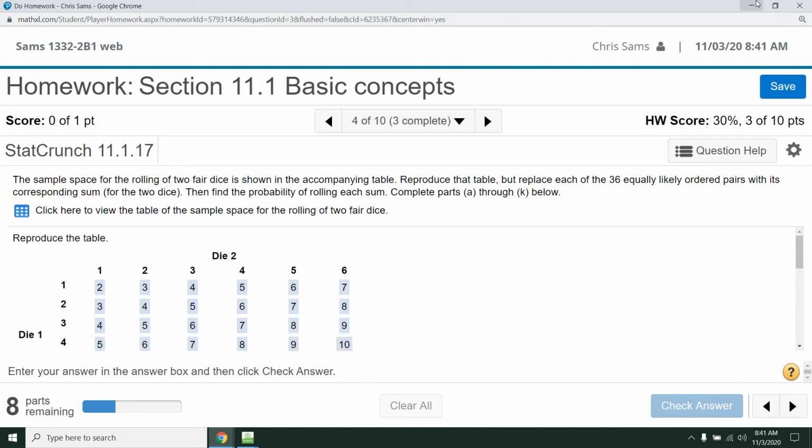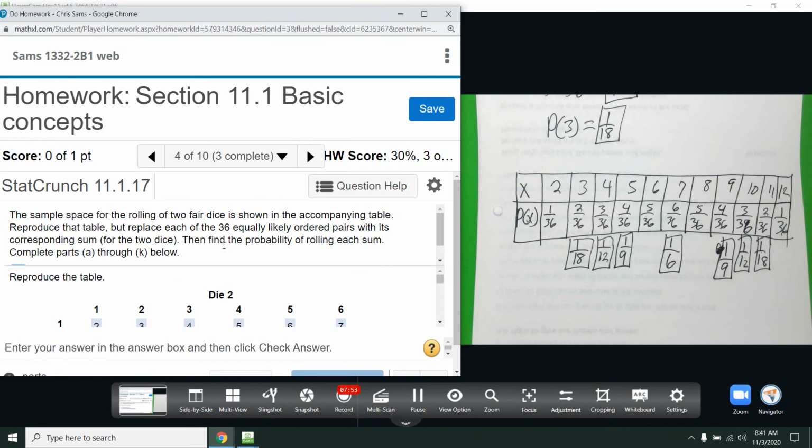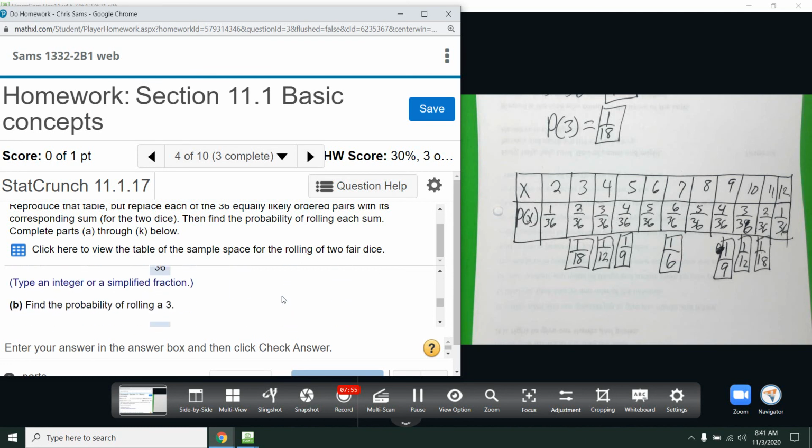We're going to input all of these probabilities now because that's what all these parts are going to be asking.